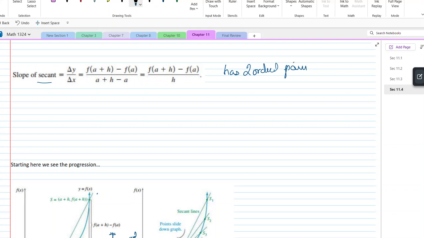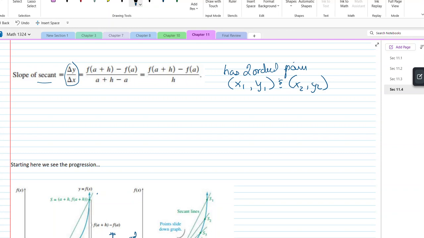And they are x of 1, y's of 1, and x of 2, y's of 2. And in this one, the derivative, the change of y over the change of x, is determined by the movement of the function from one to another.